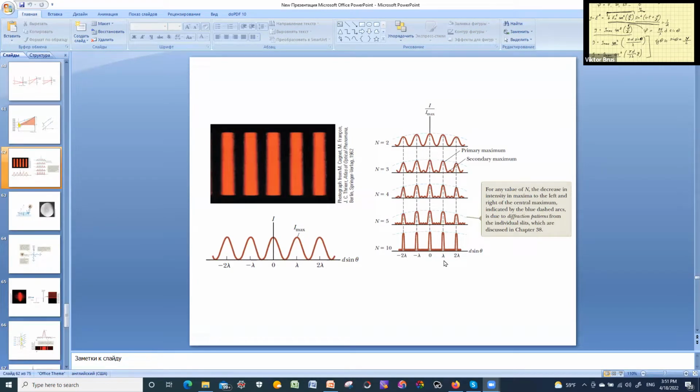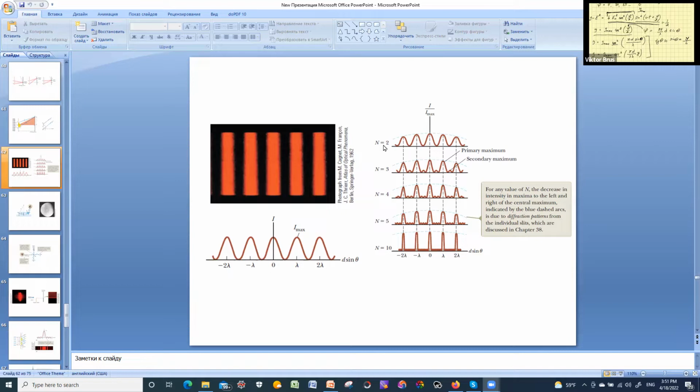Obviously, those distributions of light intensity will become much more complicated from the point of view of analytical analysis. That's why we learn how light intensity is distributed for interference just for two slits.